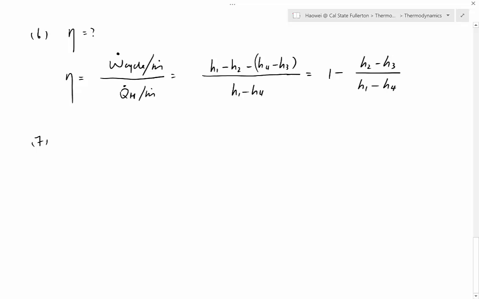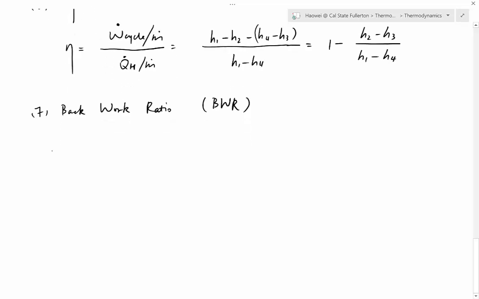Number 7, a new parameter is called back work ratio. We usually use BWR for back work ratio. What is the definition of BWR?